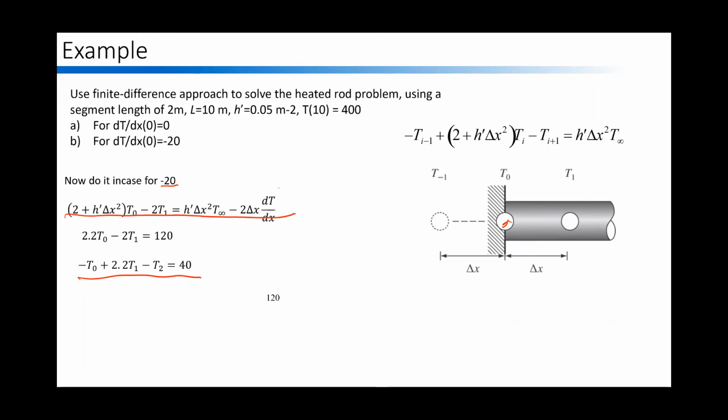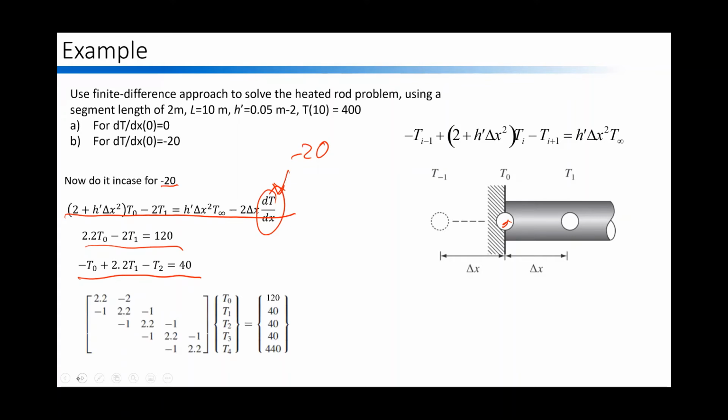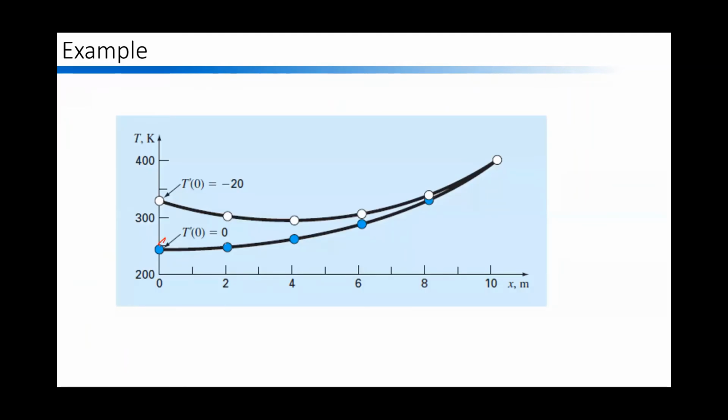All I need to do is plug in minus 20 into this point, and my linear algebra matrix looks very similar, just in this case with a different number at that top position. I can go ahead and solve for this using back division and find my new temperature sets. And once I have this, I can go in and plug in these pieces.